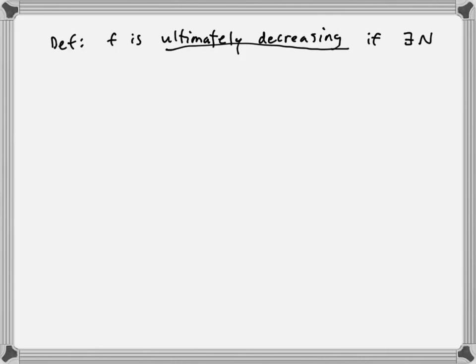So definition, we know what it means for a sequence to be decreasing, but what I want to say is f is eventually, and let me use the word ultimately instead, f is ultimately decreasing if there exists a capital N such that f is decreasing on capital N to infinity.